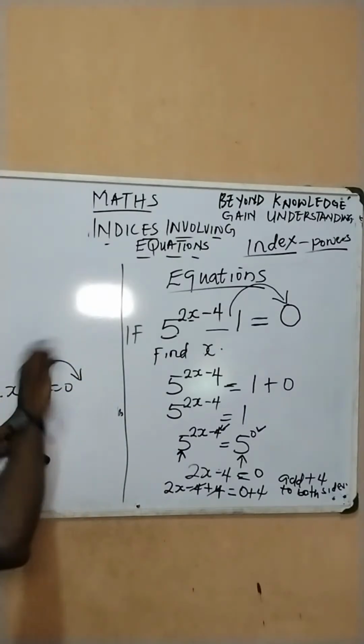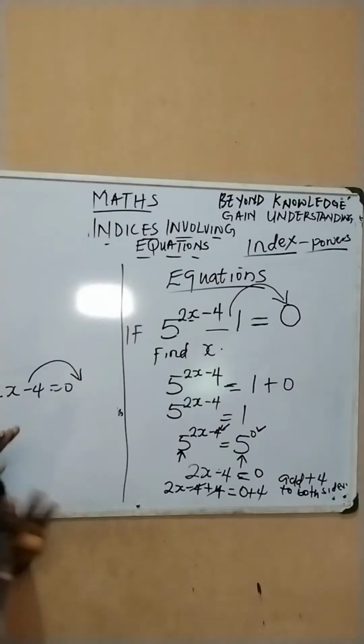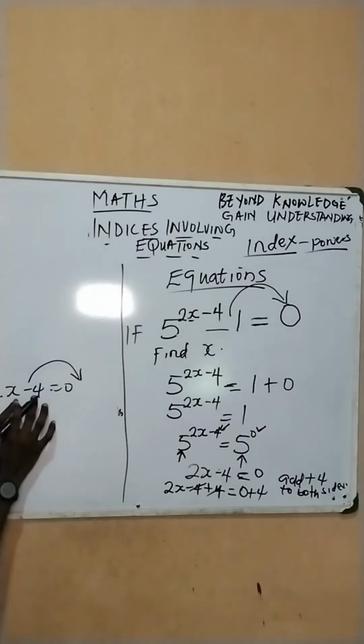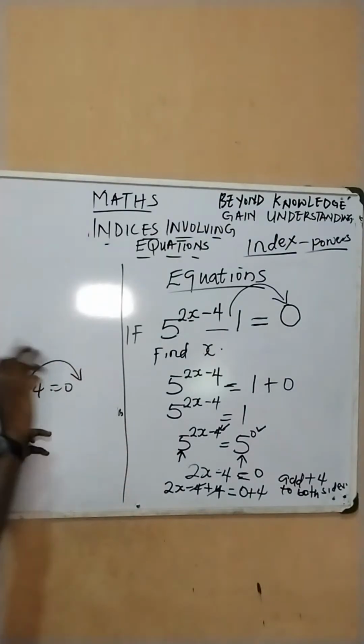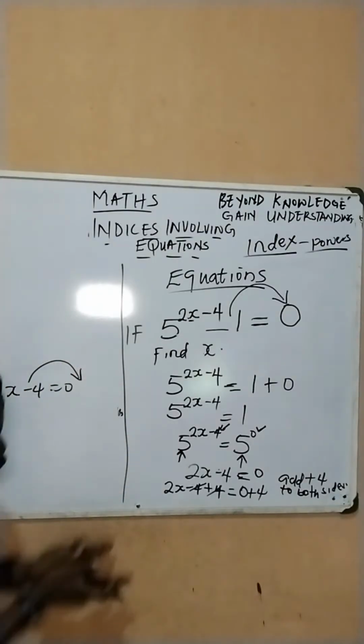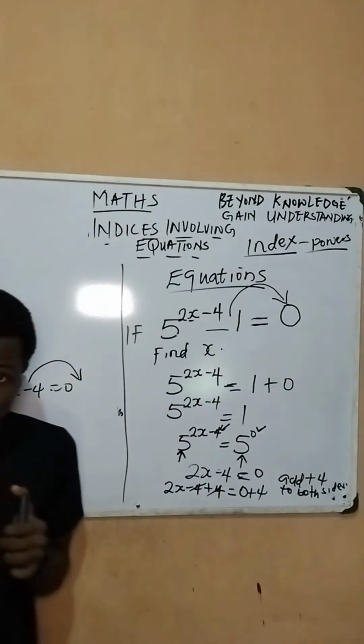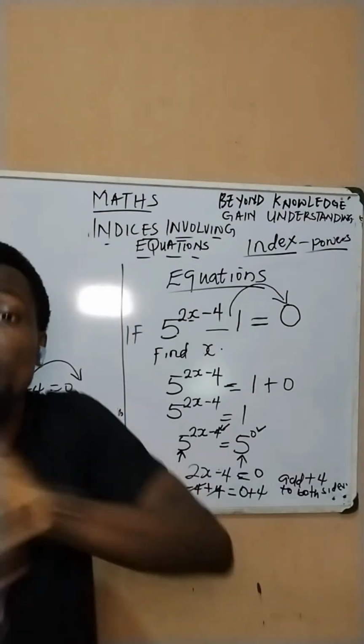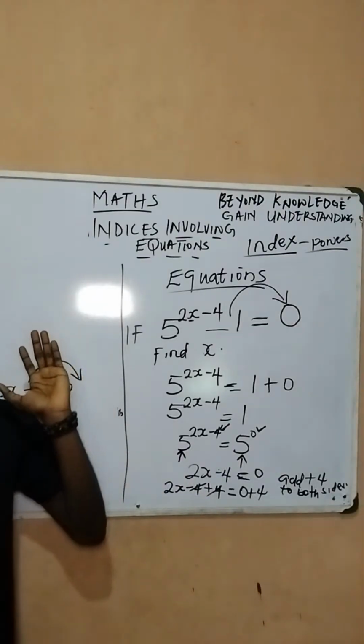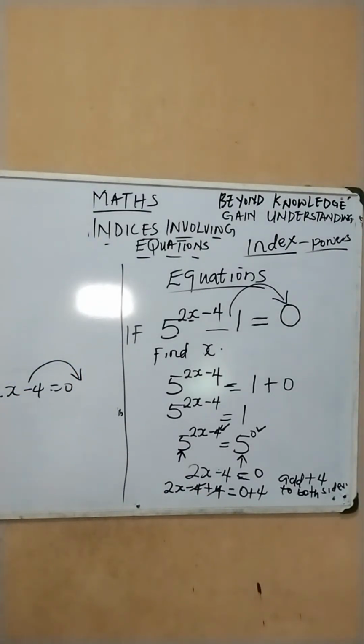Anytime something crosses the equality sign, the sign is bound to change. So if -4, because the sign comes before any given number, crosses and moves over to the right hand side, it's going to become +4, which is what we arrived at using the original method. So I'm just teaching you two things. Anyone that is okay for you, you can go about using it. Okay? Thank you so much.